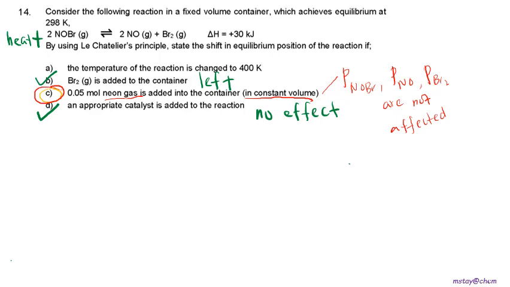So once the partial pressures of the reactant and products are not affected, the system is not disturbed. Okay, when the system is not disturbed, the equilibrium position has no change.